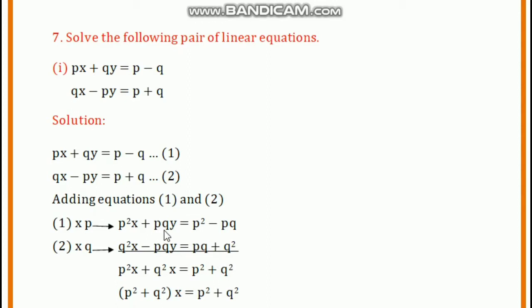Then see, plus pqy and minus pqy will be cancelled. So the remaining is p square x plus q square x equal to p square plus q square. Why? Because minus pq and plus pq will be cancelled.